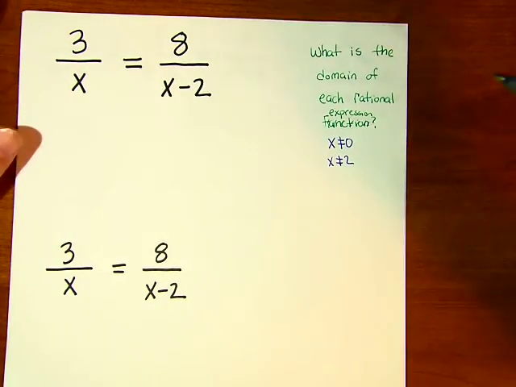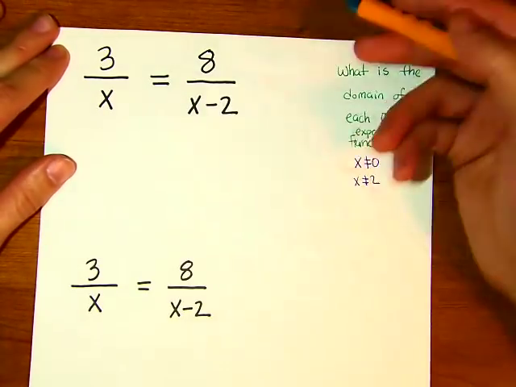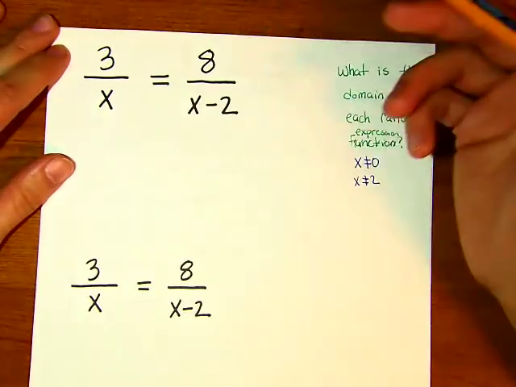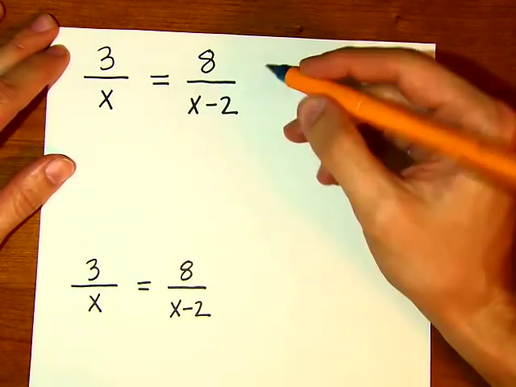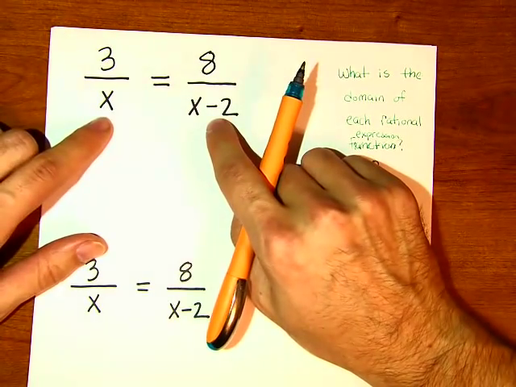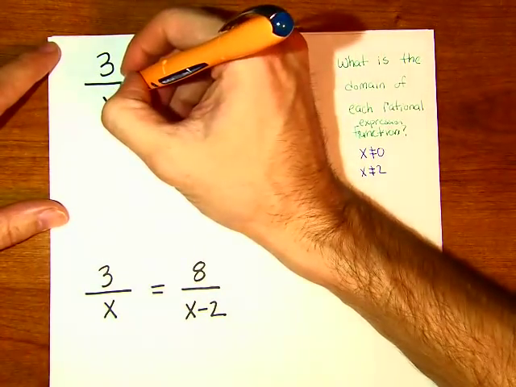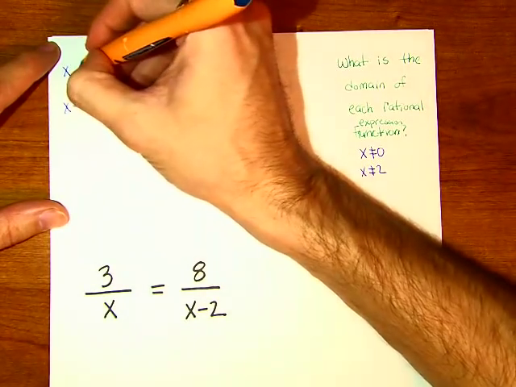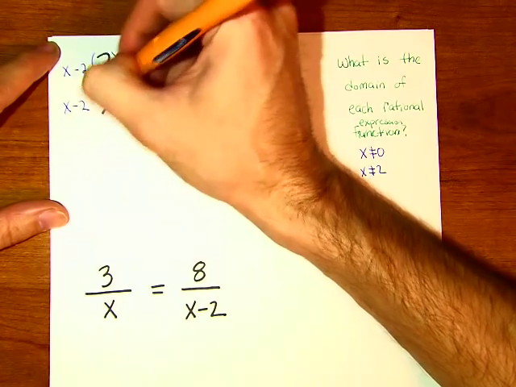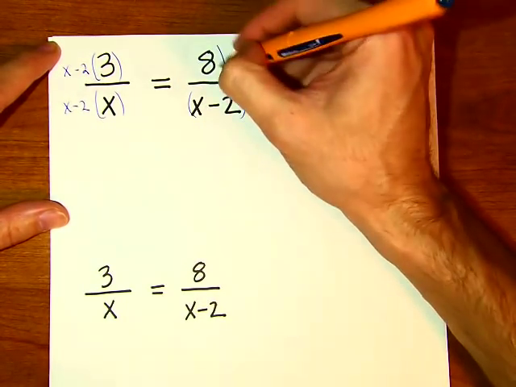Now let's just solve for x. I showed the same problem twice. There are multiple ways of solving, but here are the two good ways. The first way, remember that game plan of getting the denominators to be the same? You can multiply this by an x minus 2, and this by an x minus 2, and then multiply this by an x, and this by an x.